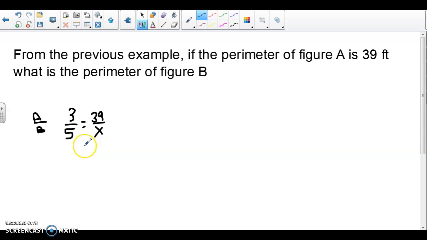Now I can cross multiply to find out what x is. That'll tell me the perimeter of figure B. So if I cross multiply here, 5 times 39 and 3 times x. So 3 times x is 3x. 39 times 5 would be 195.